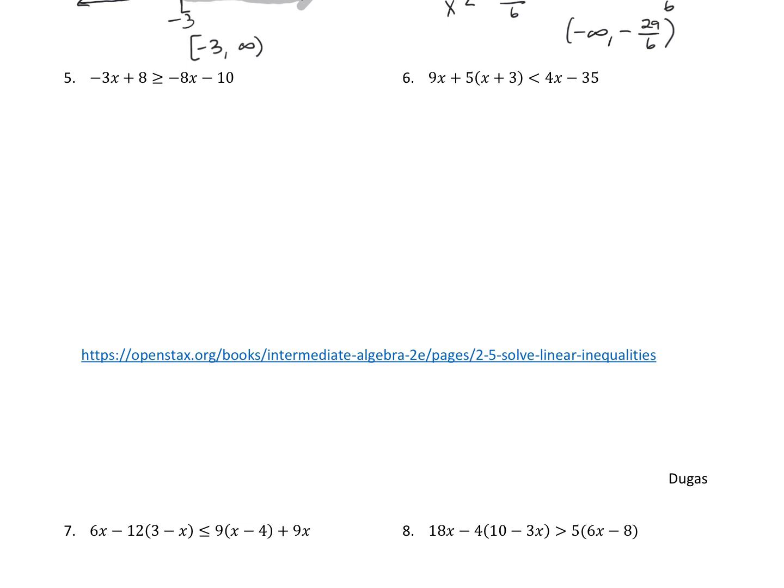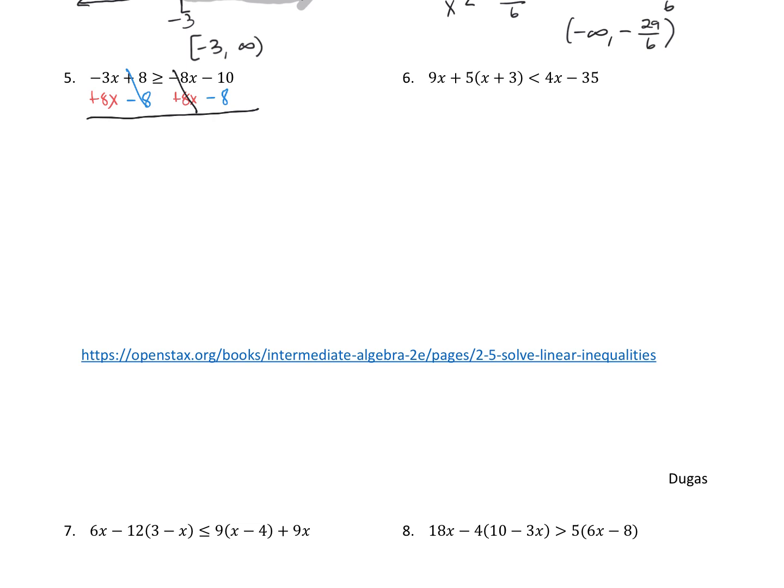Number 5, we're going to start by collecting our x's on the left, so I'm going to add 8x to both sides. That will zero out the x's on the right. And I also have to move the constants to the right. So I'm going to subtract 8 from both sides.